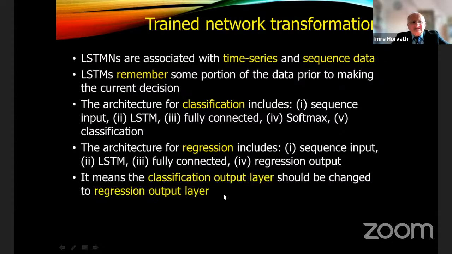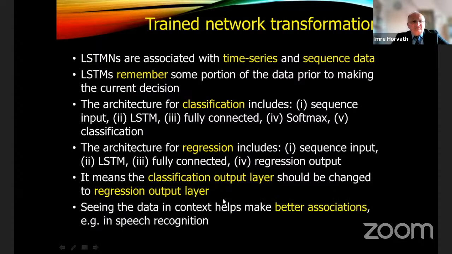It means that only the classification output layer should be changed to a regression output layer, and then you can use the same data you already applied in training the network for a different purpose, regression instead of classification.